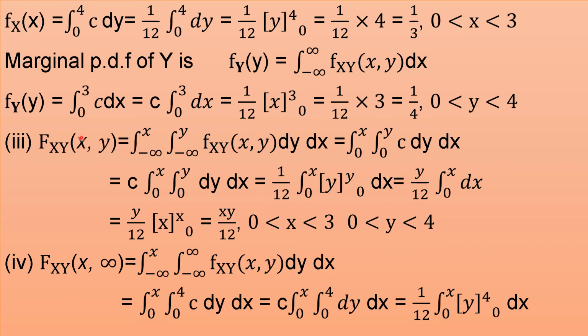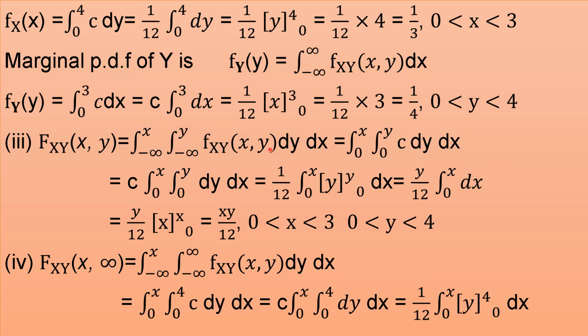Look at what these x and y values are. Those x and y values are taken as the upper limits in this double integral. But x value varies from 0 to 3, no negative values for x. So in this outer integral you have to start from lower limit 0, 0 to x. Similarly, y value varies from 0 to 4, no negative value comes in this interval. So for the inner integral it is 0 to y.